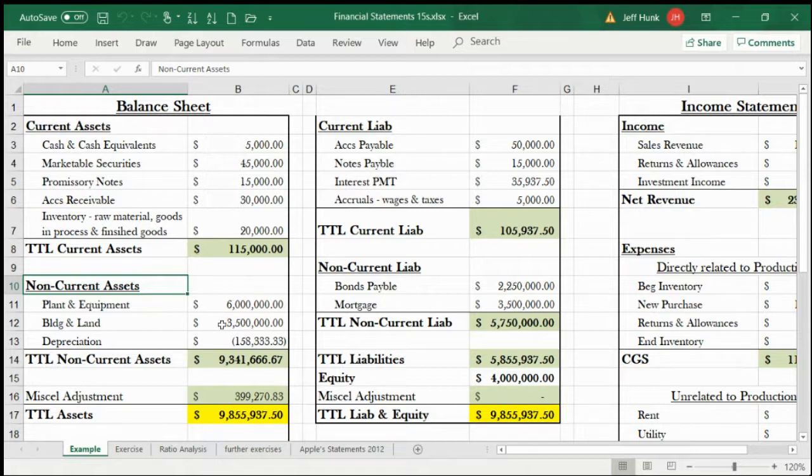So if it costs $6 million for plant and equipment and $3.5 million for building and land, the total current assets would be 9.5.